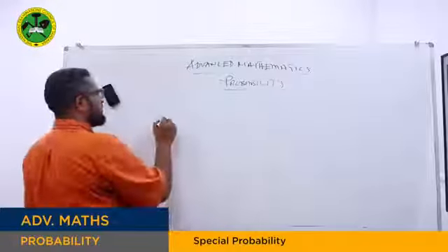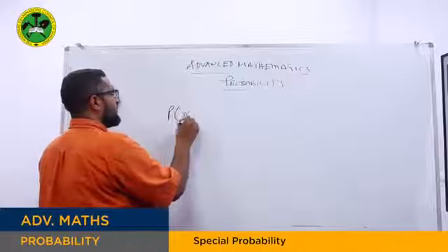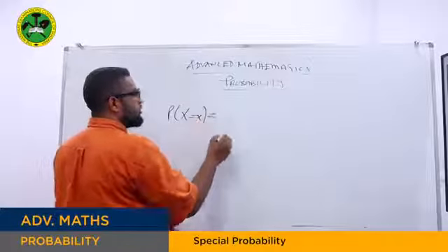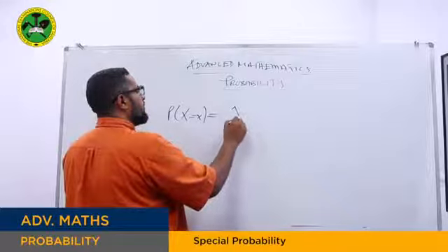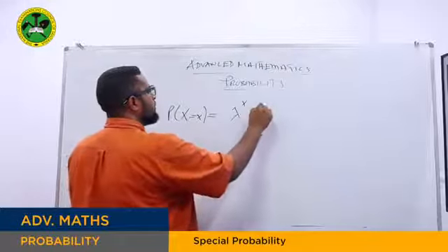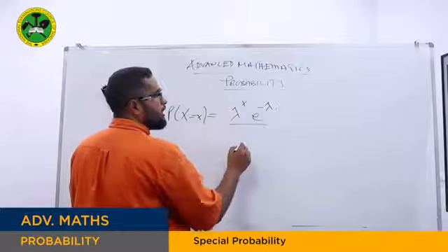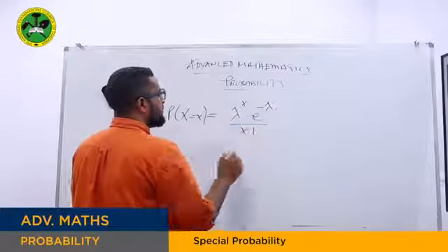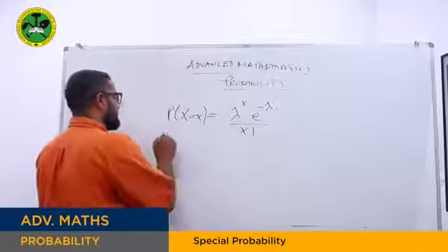Now the formula is probability of X equal to lambda to the power of X, times e to the power of negative lambda, divided by X factorial.